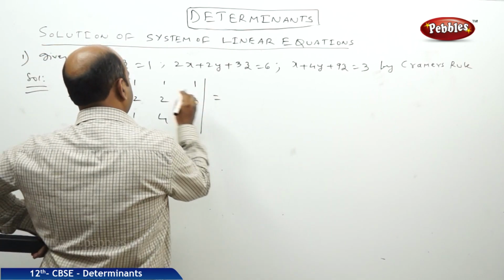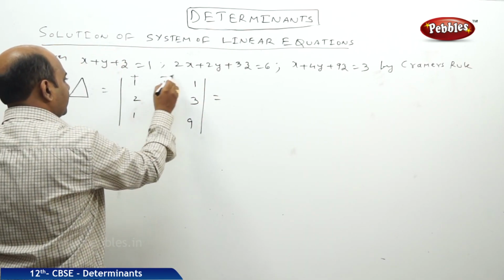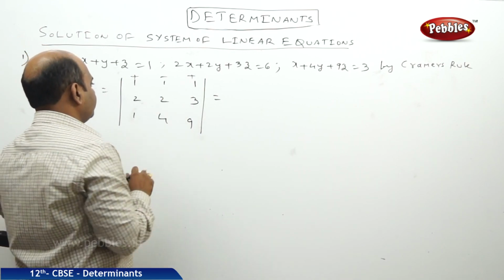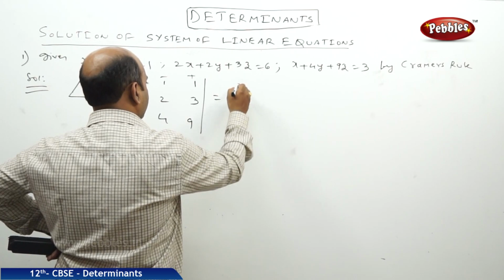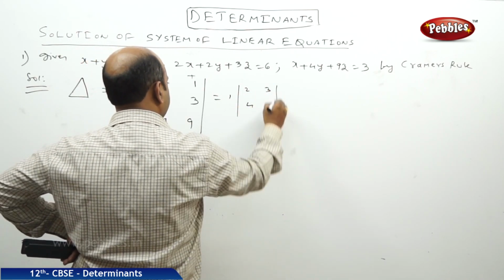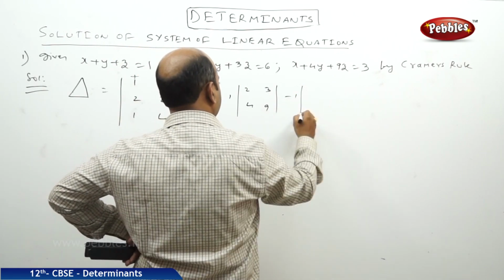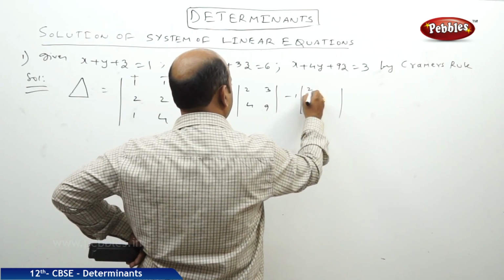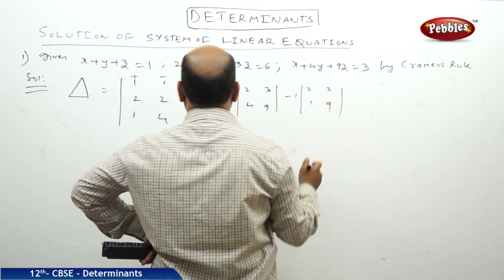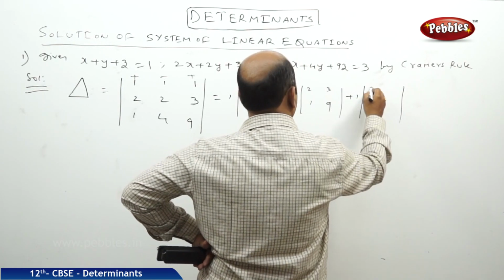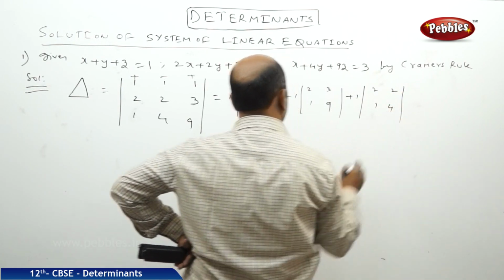To find its determinant, as I said earlier, we put the signs plus, minus, plus and expand with respect to the first row. So 1 into its minor, 2, 3, 4, 9, minus 1 into its minor, 2, 3, 1, 9, plus 1 into its minor, 2, 2, 1, 4.